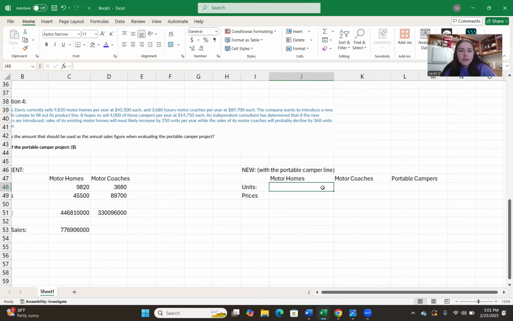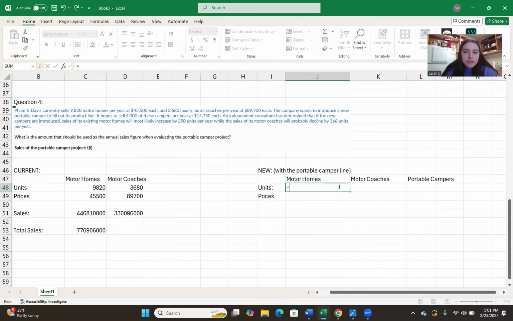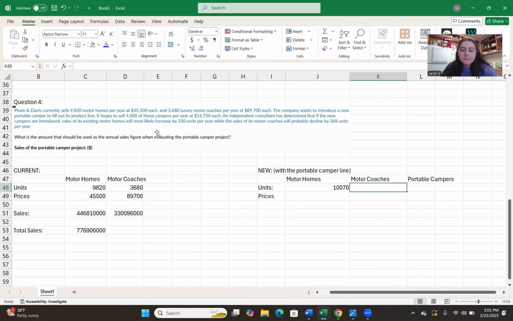Okay, sweet. So units of motorhomes, it says if we introduce these new campers, sales of existing motorhomes will increase by 250 units per year. So I'm going to say 250 plus my last units. Motor coaches, I'm going to have this minus 368 units.